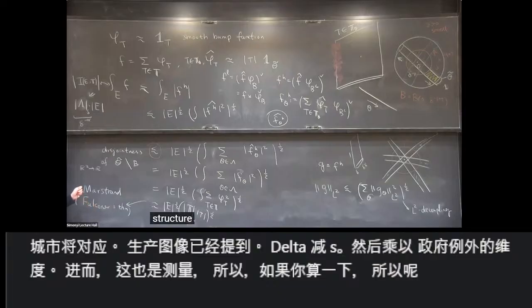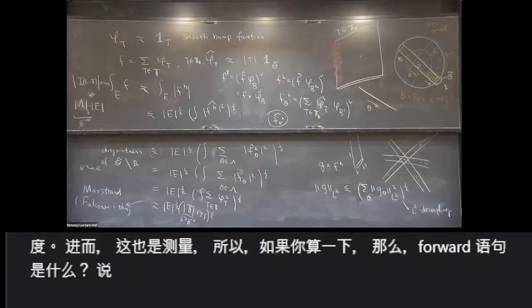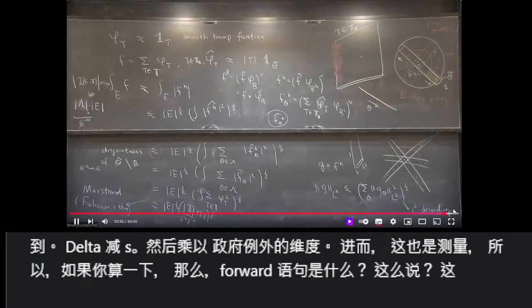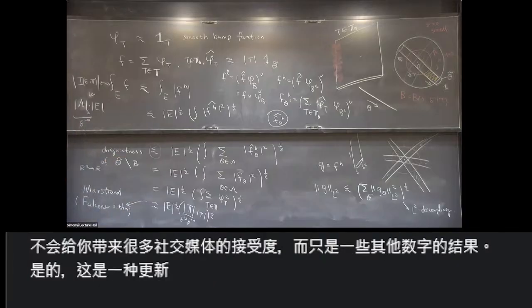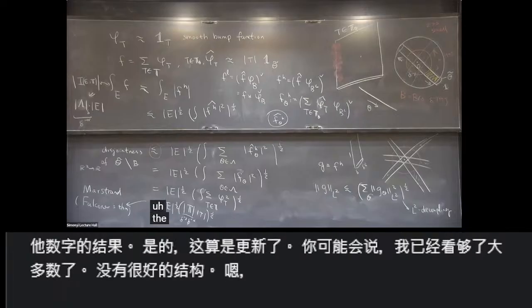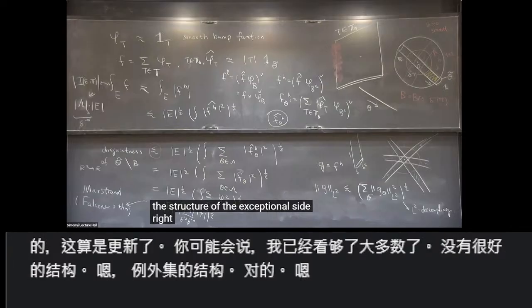So what does the broad statement say? Does it give you a bound on the Hausdorff dimension of the exceptional set, some number that comes out of the other numbers? Yeah, it's some numbers that come out of this. I see, and that's sort of the most you can say. There's no nice structure to the exceptional set. Right, I don't know.